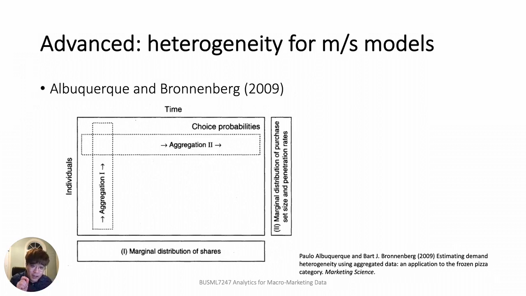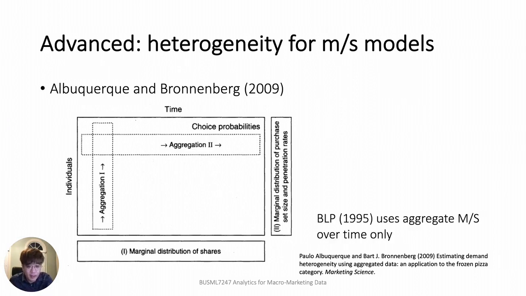The choices made by consumers are aggregated at each time period, and this aggregation, denoted aggregation 1 in the dotted vertical box, generates the market shares at the time period. And the shares are observed over time, being the main data source of the market share model and BLP's method.